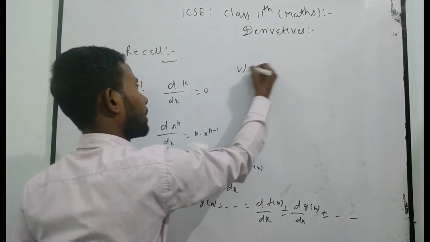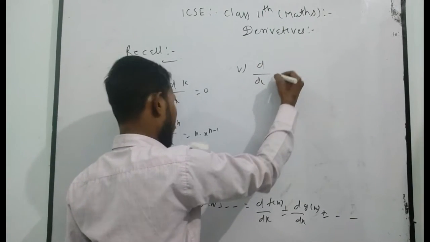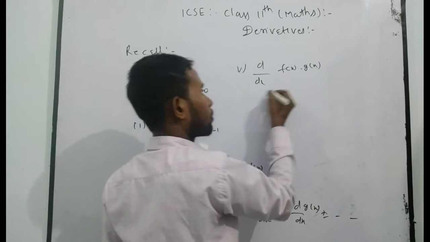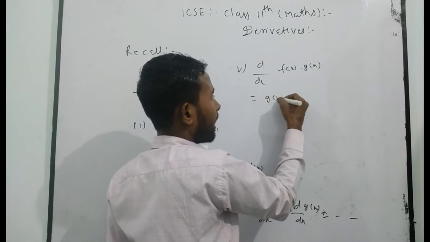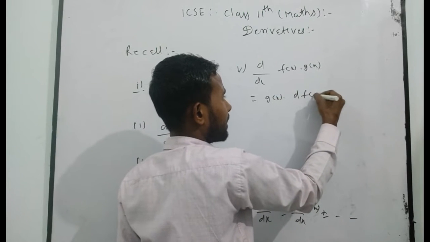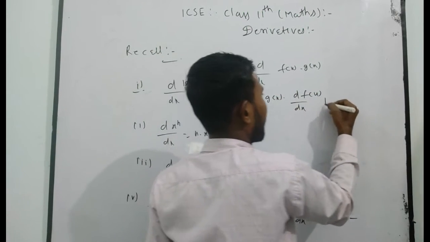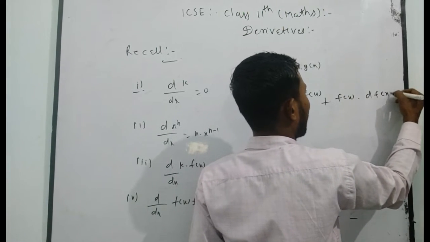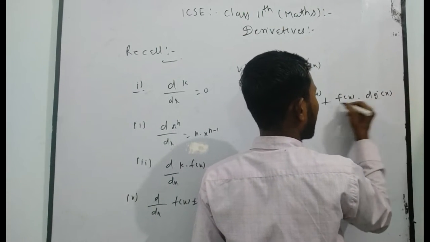Next, property 5: the derivative of f(x) into g(x) is equal to, you take out g(x) and differentiate f(x), plus you again take f(x) out and differentiate g(x) with respect to x.